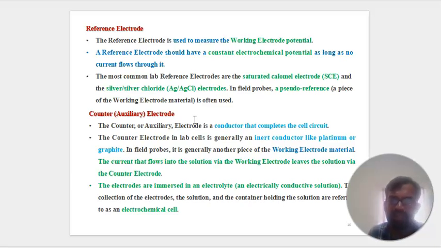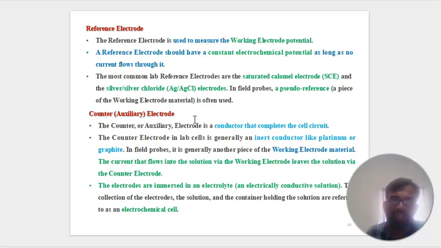The most common lab reference electrodes are the saturated calomel electrode, SCE, which they are using nowadays, and the silver or silver chloride electrode working as a reference electrode. In the field, a pseudo reference, like a piece of the working electrode material, is often used. Then the third electrode is the counter electrode, or simply we'll call it the auxiliary electrode.